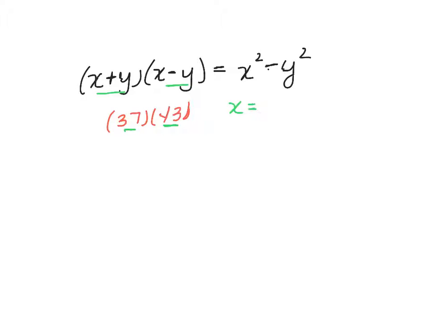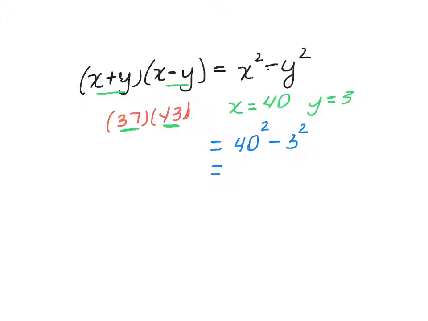So that 43 kind of gives me an idea. What if I let x equal 40? Then y equals 3, right? Because when we add these together, we have to get 43. If we subtract them, we do get 37. So that works. So let's go ahead and substitute in then. So 37 times 43 is equal to x squared, so that's just 40 squared, minus 3 squared, which is our y squared.